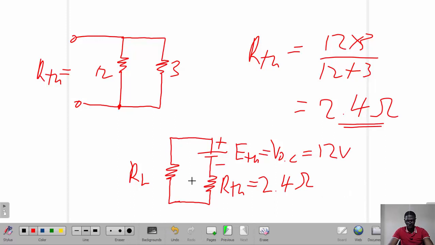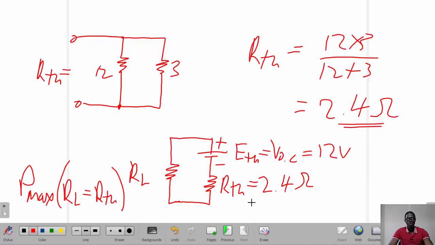Now from here, for maximum power transfer to occur, the load resistor must be equal to the Thevenin's resistance. Therefore, the load resistor here is equal to 2.4 ohms.